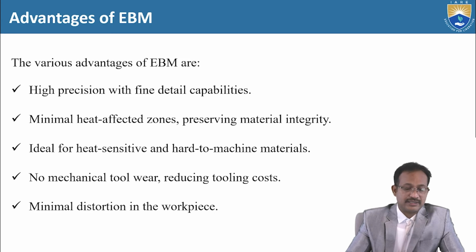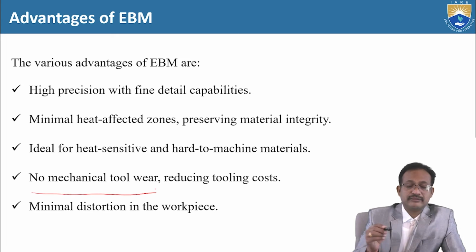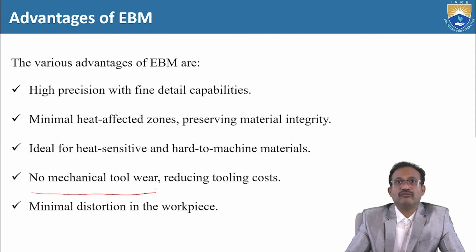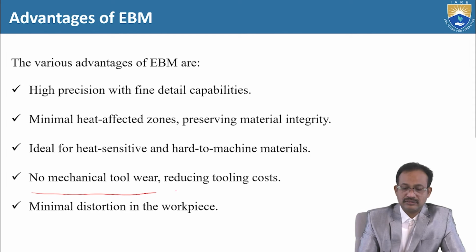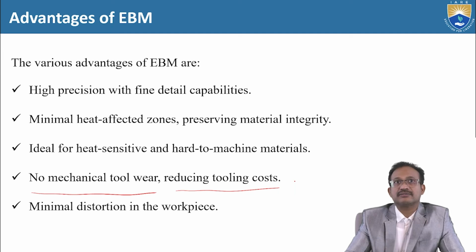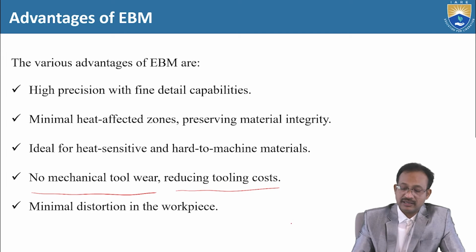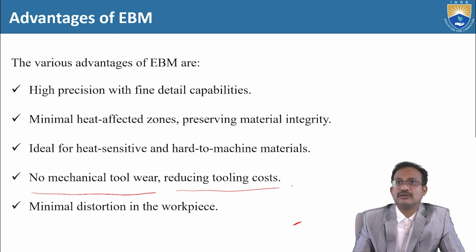Here, no mechanical tool wear, reducing tooling costs. There is no direct contact of any material or tool. The electron gun emits electrons, and those electrons fuse the workpiece so that the material removal takes place.